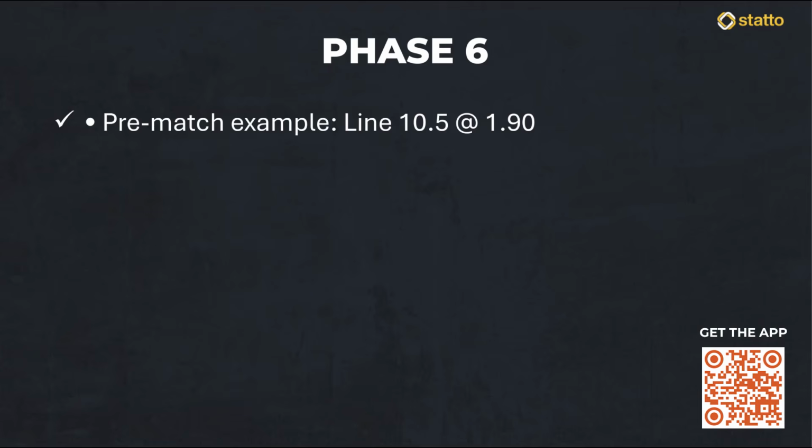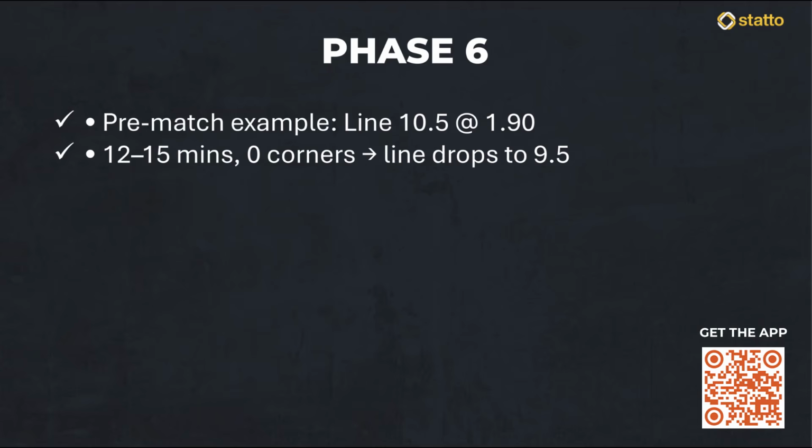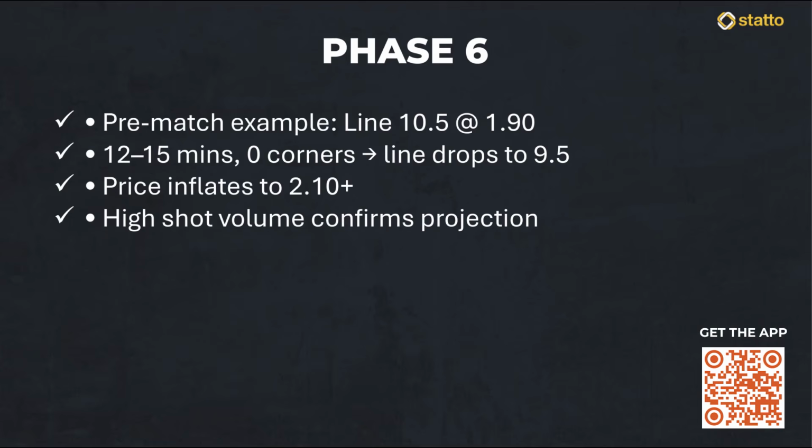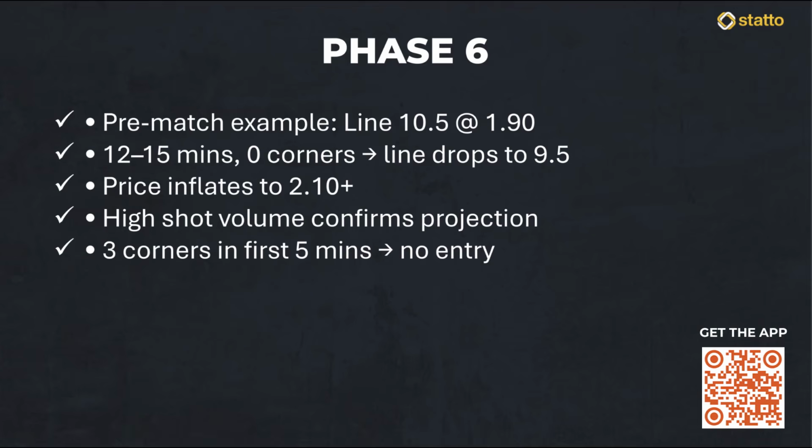Let's say the market line is 10.5 and the pre-match price is 1.90. If the first 12 to 15 minutes produce no corners, the line will often drop to 9.5 and the price will inflate to 2.10 or higher. Has the probability of corners changed? If you are watching the game and see high shot volume and balls being whipped into the box, the answer is no. Our original projection is still anchored, but we are now getting a much better price for a lower requirement.